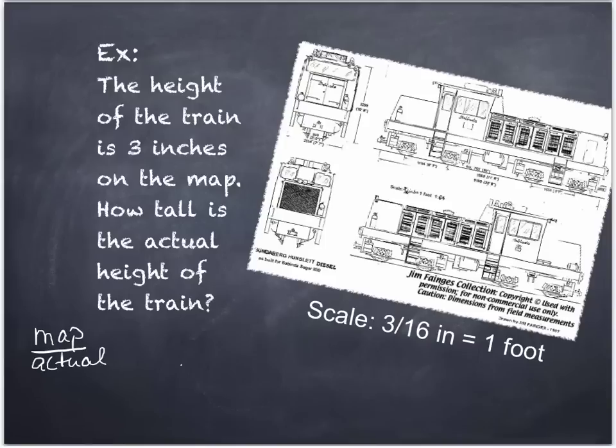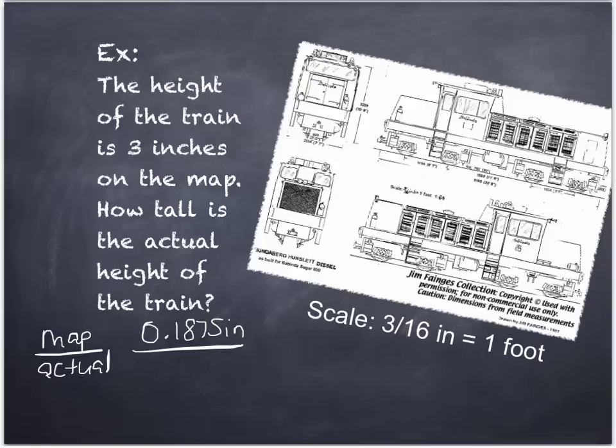We're going to use our scale first. Now, we don't want to put a fraction as our numerator, so we're going to change this fraction to a decimal. Remember, to do that, you take 3 and divide it by 16. 3 divided by 16 is 0.1875 inches, and our denominator is 1 foot.